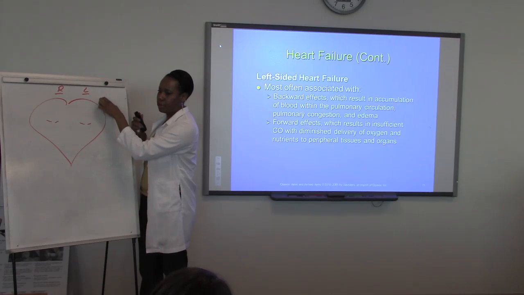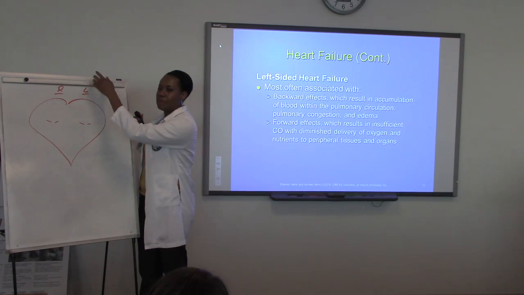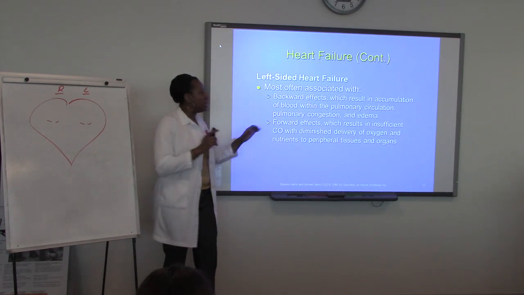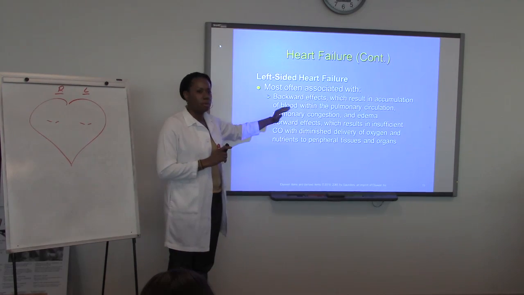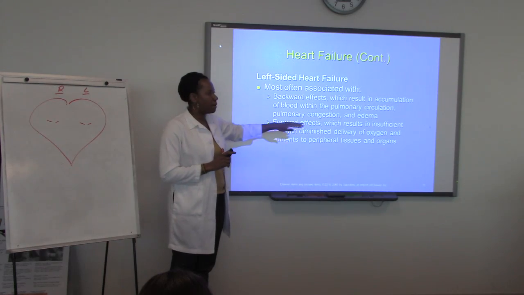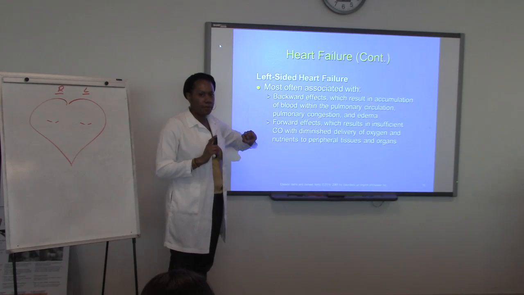Remember, pulmonary veins dump into the left atrium, so there's going to be a backup of blood in the pulmonary circuit. That can lead to pulmonary congestion and also edema. So that's a backward effect.